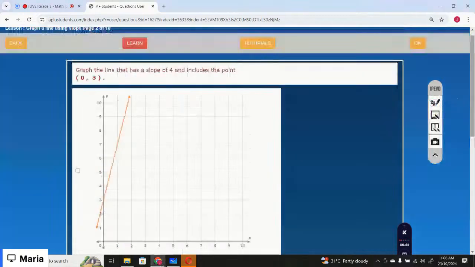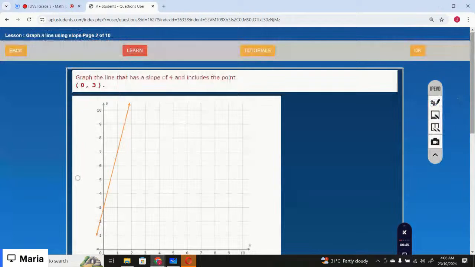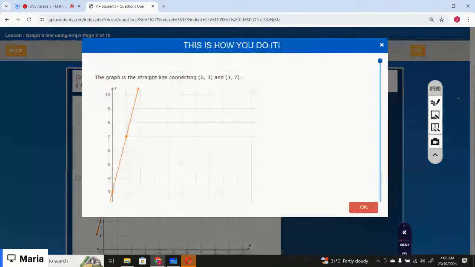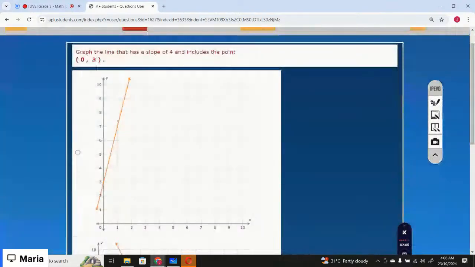Hold on. 1, 7. See, they have different points given, right? That's why you have different graph. Basically, the point is 0, 3 and 1, 7, right? Not 1, 4. Here you are given the slope is 4. The slope is 7. So that is the correct option, right?